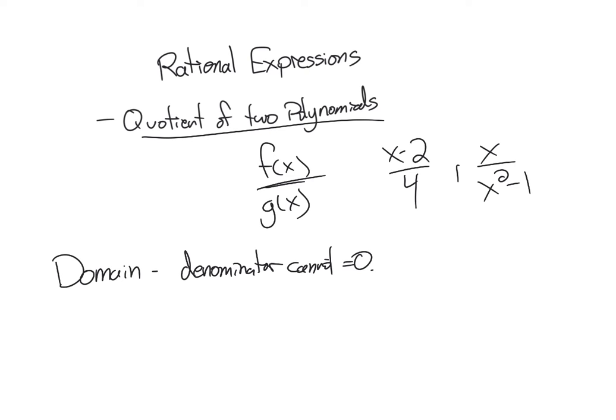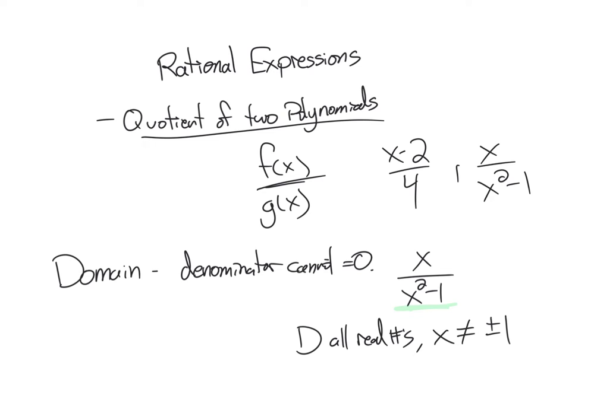So if we have a rational expression like x over x squared minus 1, we would say the domain is all real numbers except x cannot equal whatever values make the x squared minus 1 equal to 0. So that would leave us with plus or minus 1.